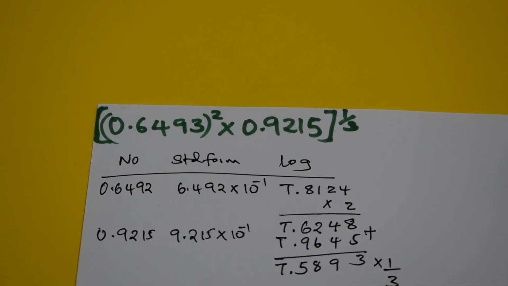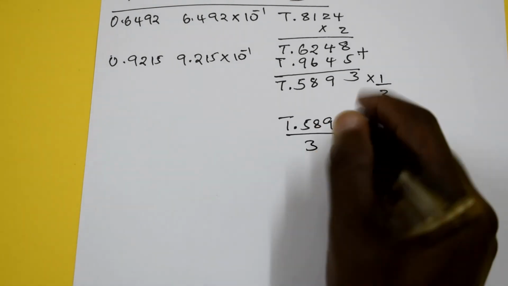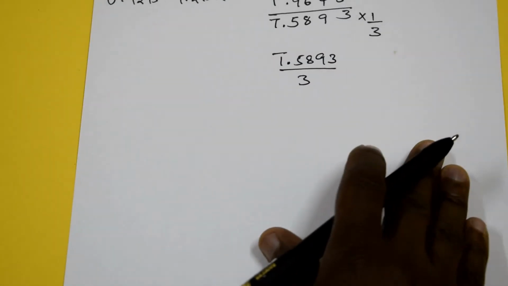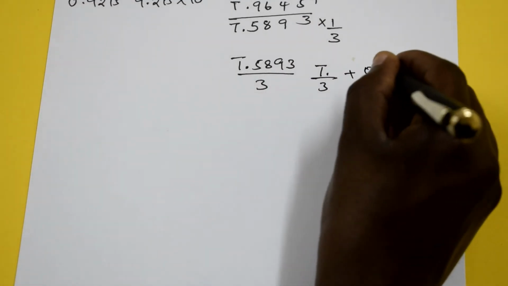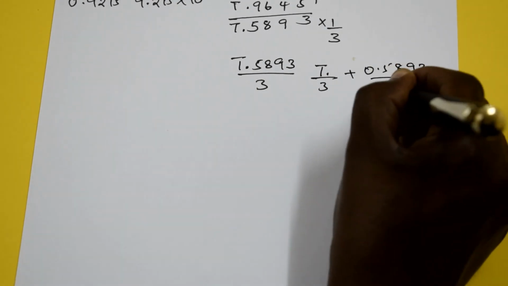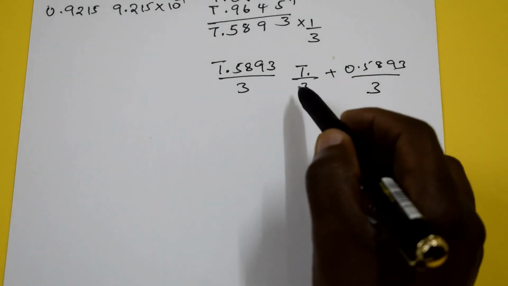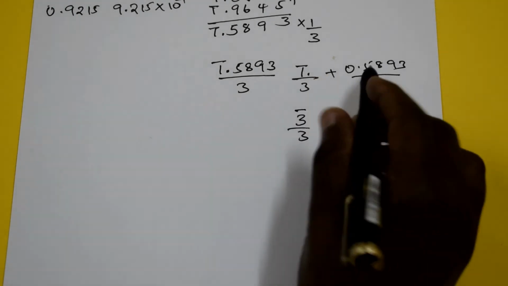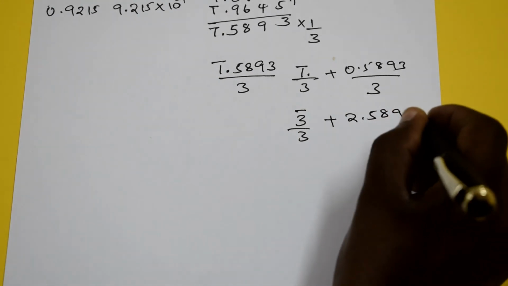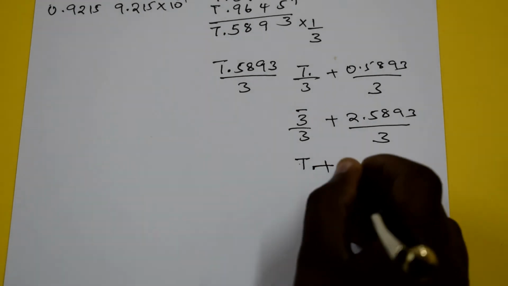So bar 1.5893 divided by 3. We write this as bar 1/3 plus 0.5893 over 3. And now we make this one divisible by 3 by subtracting 2. So we got bar 3/3 plus, since the 2 is subtracted here, we add 2.5893 over 3. So this will give us bar 1 plus 0 point.